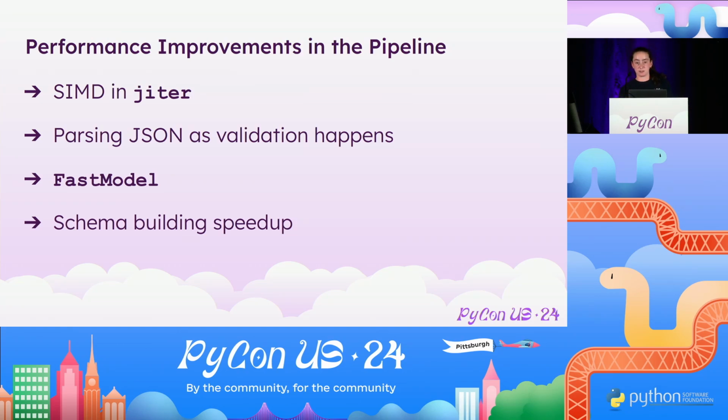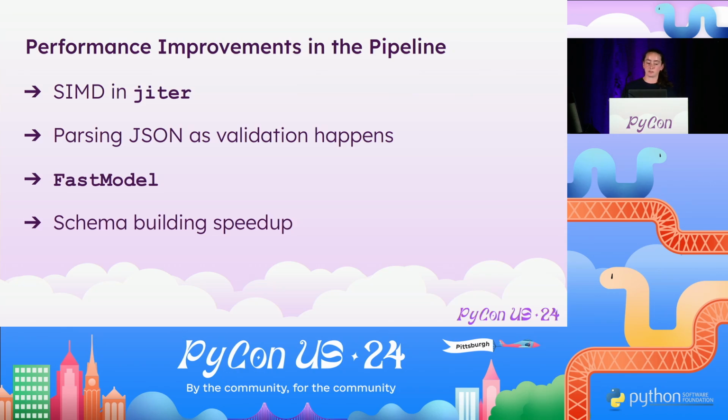And Rust is much faster than Python. And so as we look towards these performance improvements in Rust, we're really looking at how can we keep data in Rust longer, how can we avoid materializing Python objects, and even in some cases, how can we avoid materializing Rust objects as well.